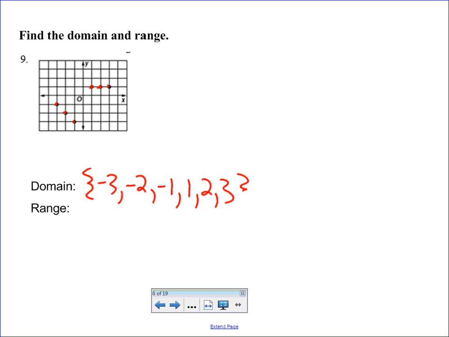The range is going to be the y values. Now, we're going to go from bottom to top this time because we want to put them in order. And so that'll be -3, -2, -1, 1.